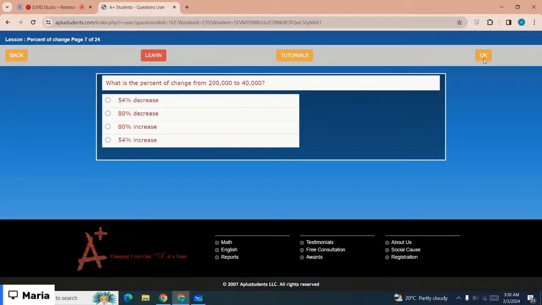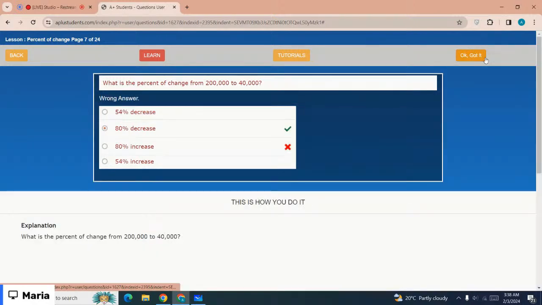The correct option is 80%. Yes, that is an 80% decrease. The correct option is 80% decrease.